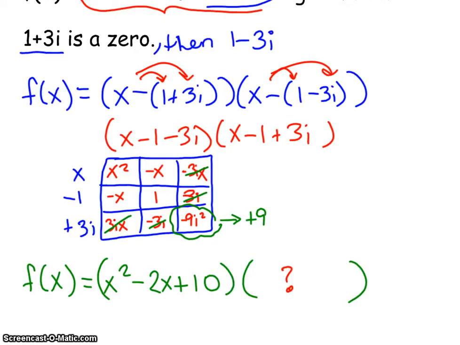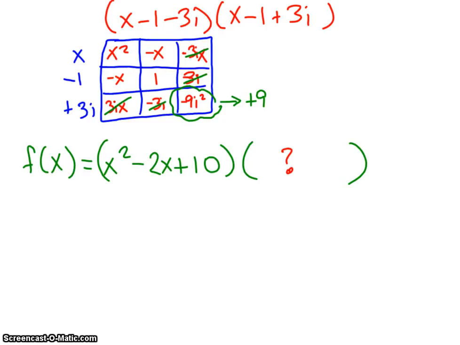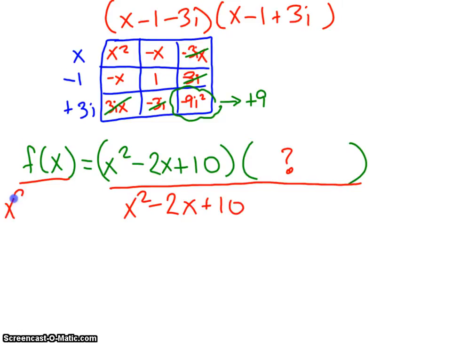You're factoring, so you're becoming very creative with your factors. The fact that I gave you those two solutions from the beginning means you're able to find this other factor by dividing. Remember, f of x is the original problem. So I'm going to divide my function by x squared minus 2x plus 10, and that's going to give me the other factor that's missing.